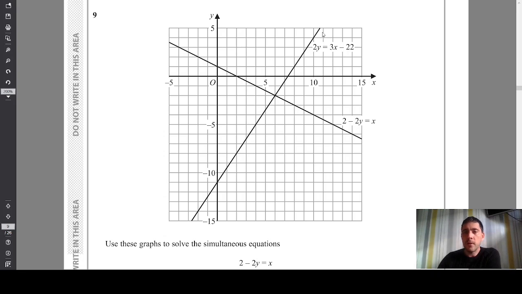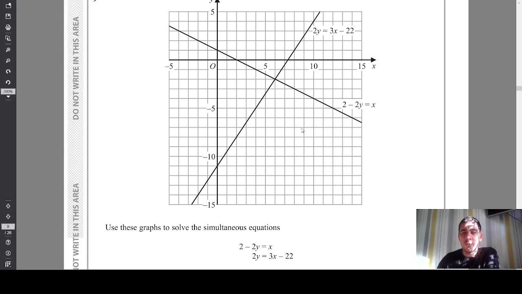So you need to trust that this line is 2y equals 3x minus 22, and the other line is given, well, it's not in the standard way we display lines. Usually lines in GCSEs are displayed as a function of x, so y equals some gradient x plus y-intercept. So don't get distracted by the way they display it.